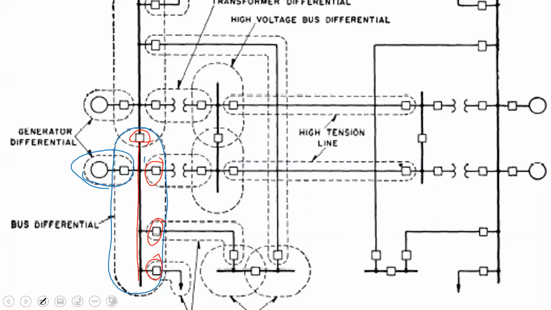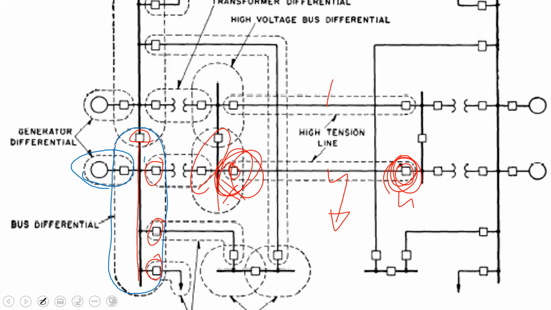Similarly, if I had a fault on this line, yes, the breakers that should operate would be these two. However, if, let's say this one operates and this one doesn't, then these other two breakers will operate to remove the line. So if the fault is on the line and these two breakers operate, then you wouldn't even know that there was a fault.